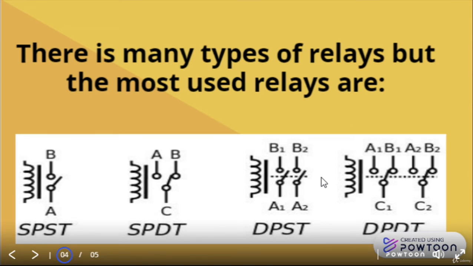If I disconnect the coil from the DC signal, the two switches will be open together. Okay, the fourth type is the double pole double throw. This is like the second type, but with two switches of this type. These two switches are open together and closed together.